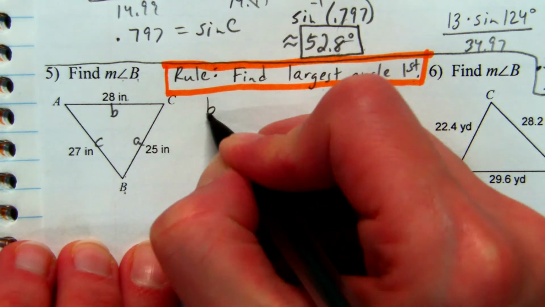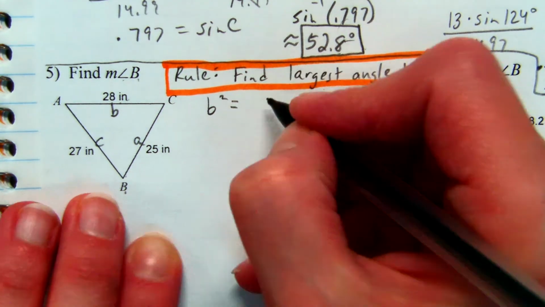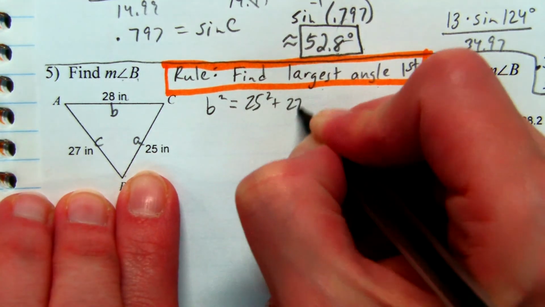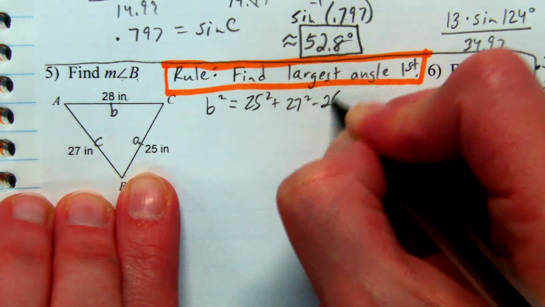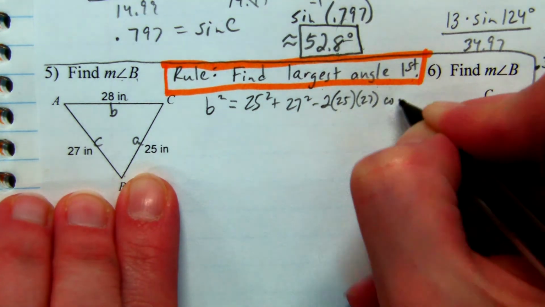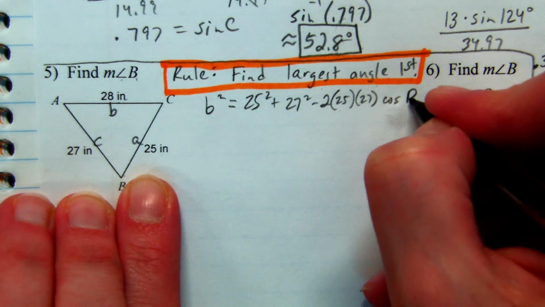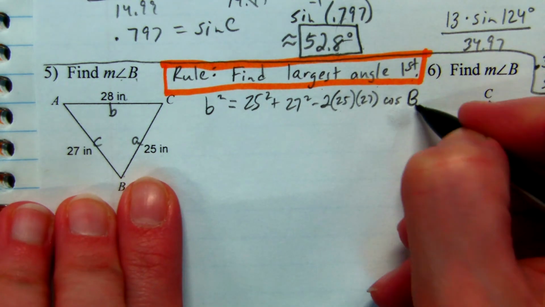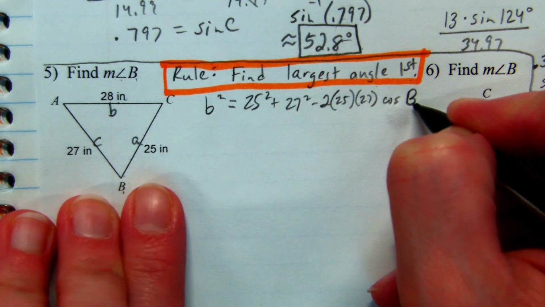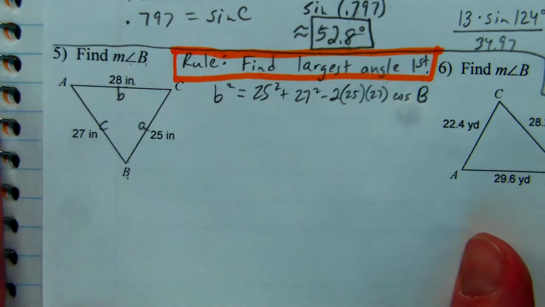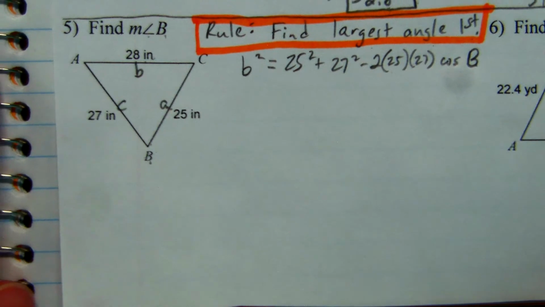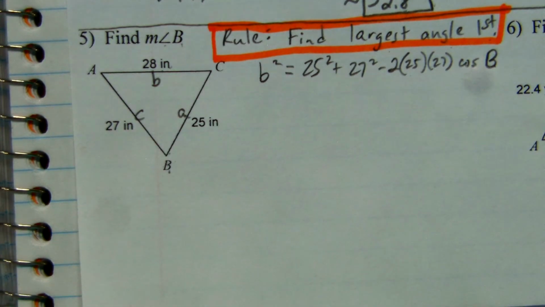So we have B squared equals A squared plus C squared minus 2 times 25 times 27 cosine of angle capital B. This is what we're solving for, so this one is going to look a little different. You have to pay attention or you will mess this up. I'm just saying, people are like, yeah, I got this every year, and then they wonder why they miss half their problems. This is why.